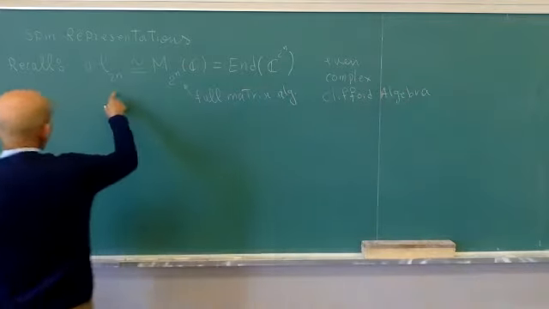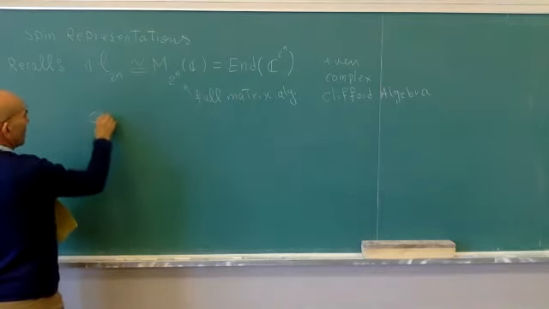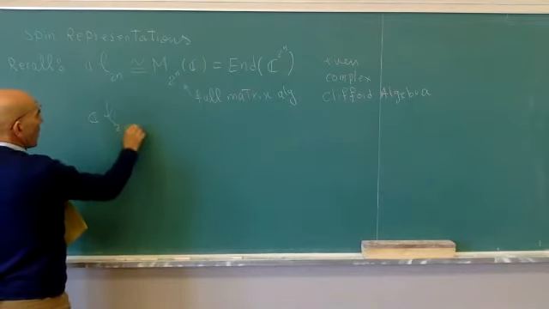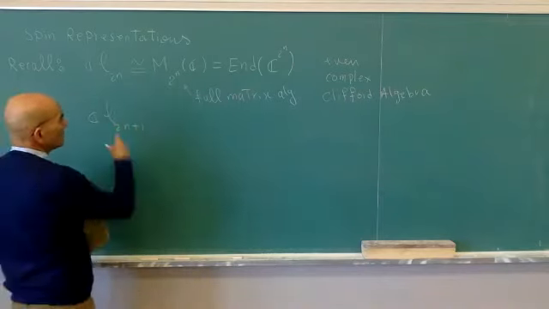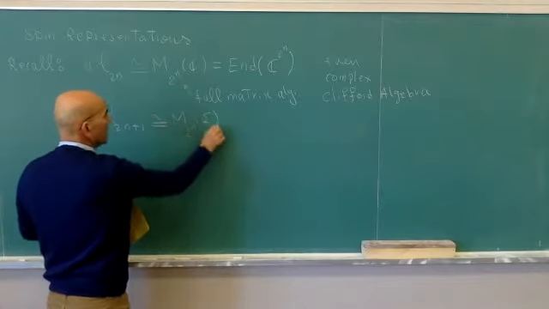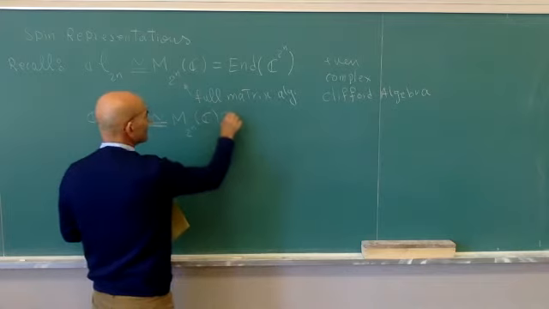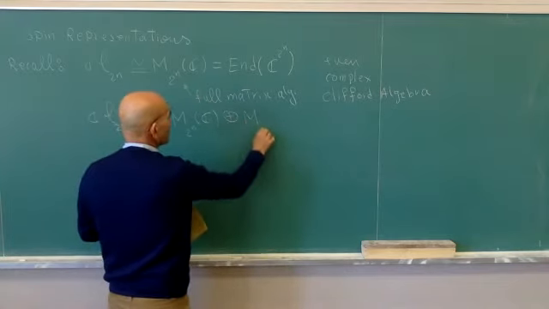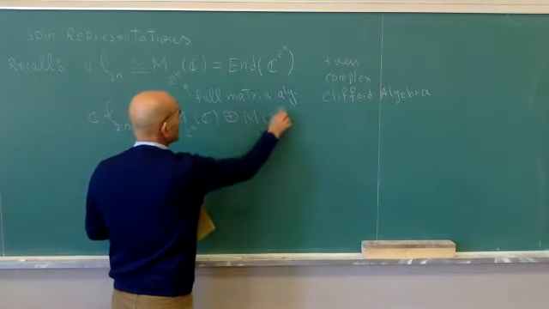And for the odd case, we discovered last lecture that this is isomorphic to 2 copies of this, 2 to the n C, direct sum, and 2 to the n C.